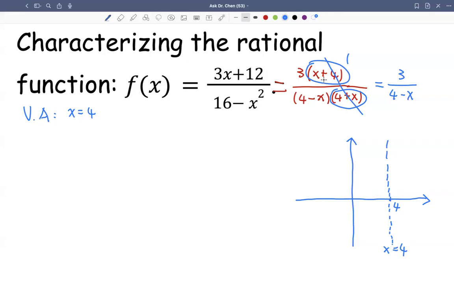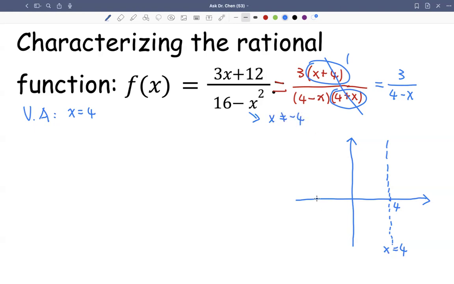So x plus 4 is not a vertical asymptote because of the simplification. However, x is not equal to negative 4 from the beginning. So this tells us x cannot be negative 4 either.